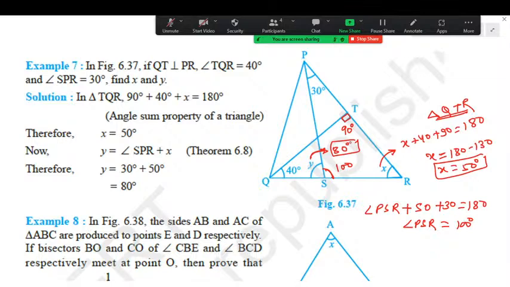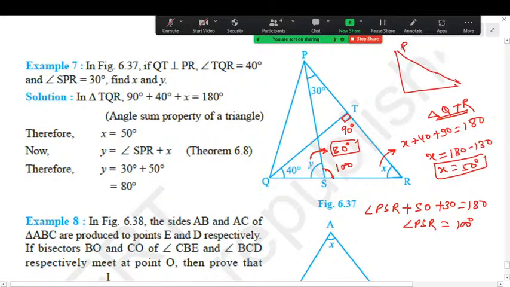But we can also use one more property, the exterior angle property. What is that? In this triangle PSR, this angle is given to be y, which is the exterior angle, which must be equal to the sum of interior opposite angles, that is 30 and x, which is 50. You can directly answer angle y using the exterior angle property if you don't want to use the angle sum property again.